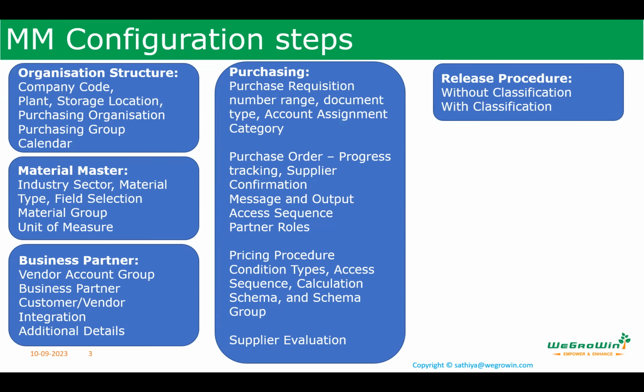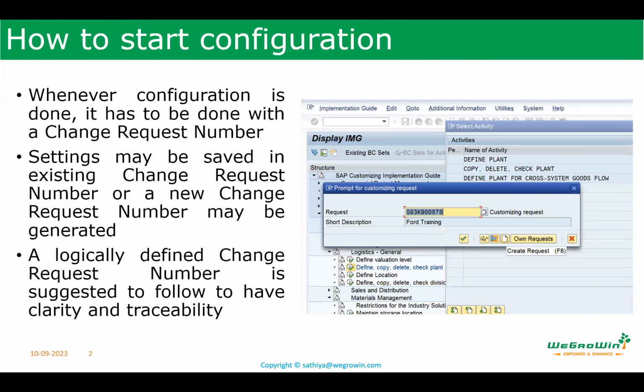Before that, whenever we do any configuration, it is done with the transaction code called what? What is the transaction code for configuration, Kani? SPRO, sir. SPRO is the transaction.